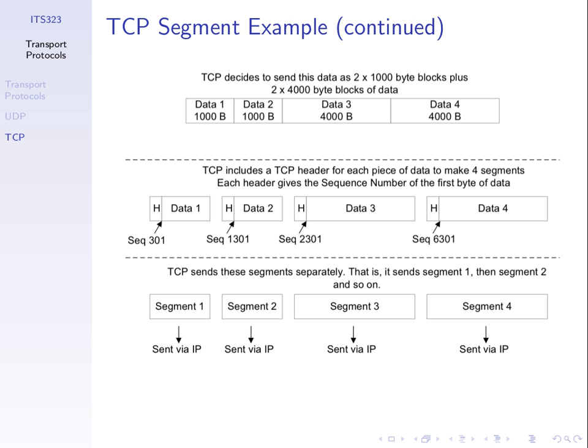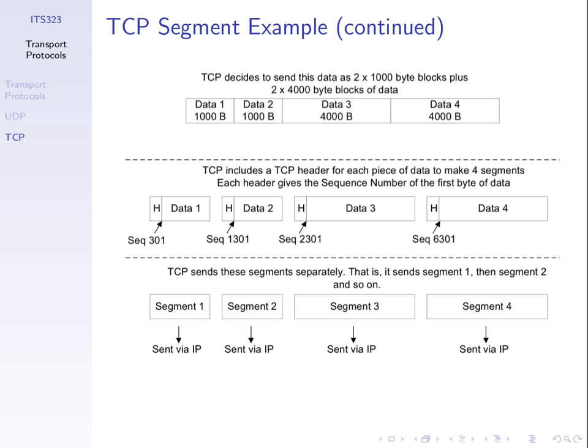For the second segment, we attach a header and set the sequence number to what? You need to count through.